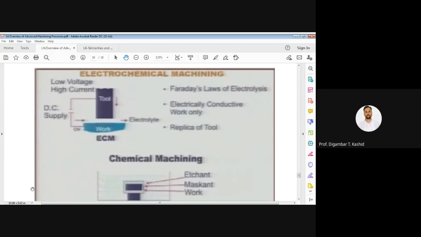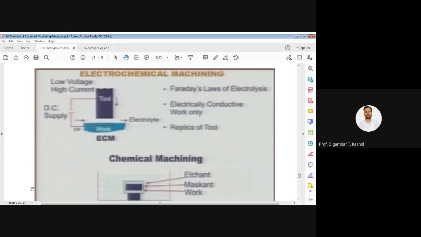Also, whatever workpiece we take for machining should have the electrochemical property, because a chemical reaction is there, or its metallurgical property. Both these properties will affect the performance of our process.